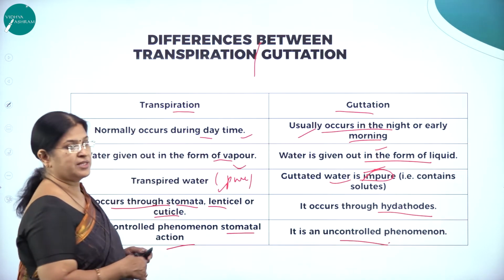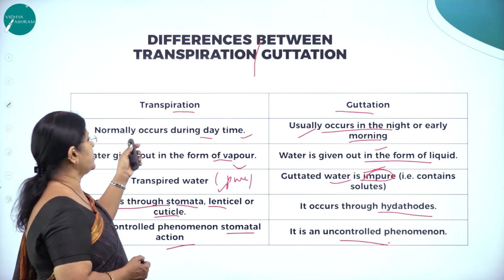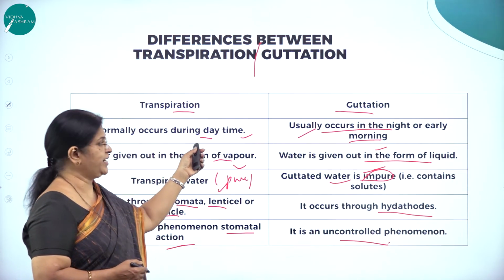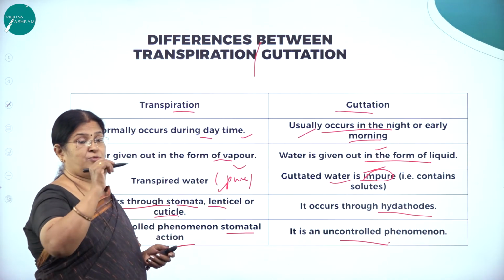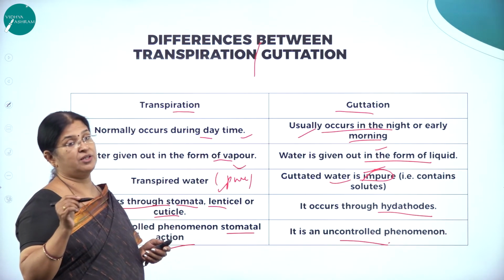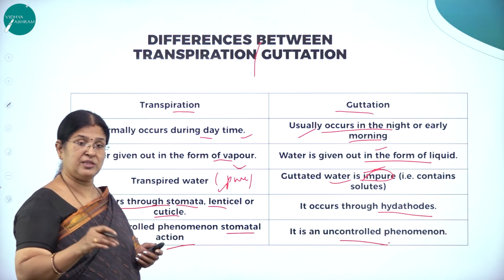So now let us see one by one. What is the difference between transpiration and guttation? Transpiration normally occurs during daytime. Guttation usually occurs in the night or early morning. As we know, early morning we see water droplets on the tip of the leaf or on the margins of the leaf, because structures called hydathodes are found on the margins and the leaf tip.